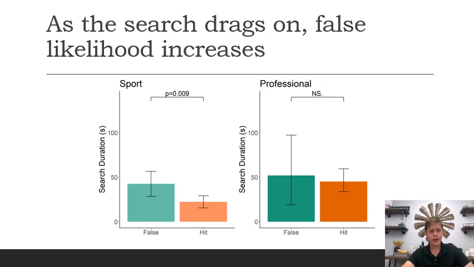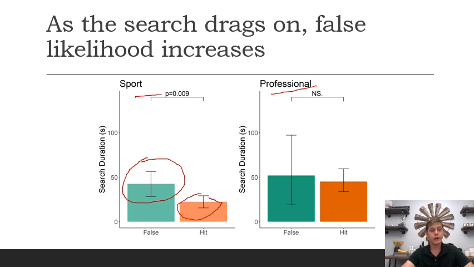So we actually saw some evidence for this, mostly in our sport group. We didn't see it so much in our professional group. We looked at how long it took for a hit to occur and how long it took for a false alarm to occur if they made a response. Interestingly enough, false alarms were occurring at the very end of searches versus hits occurring quicker.